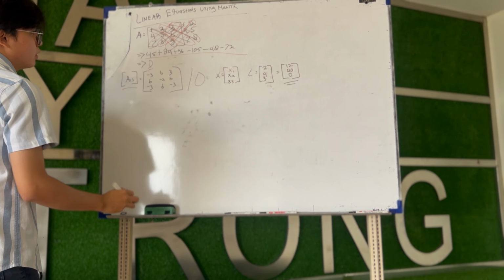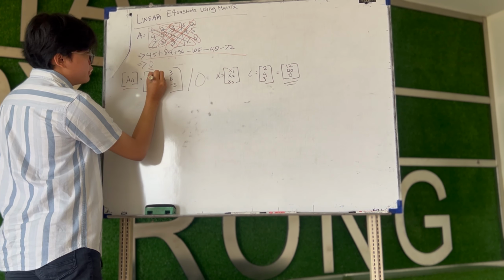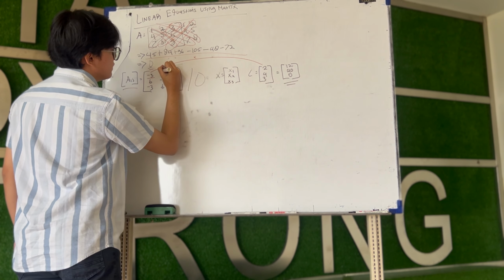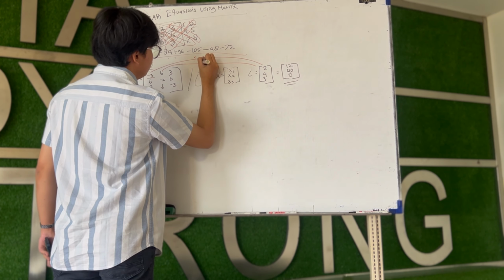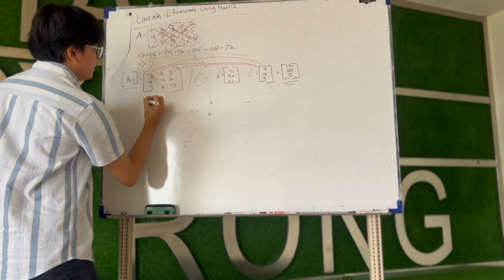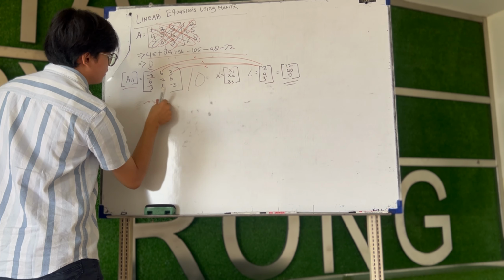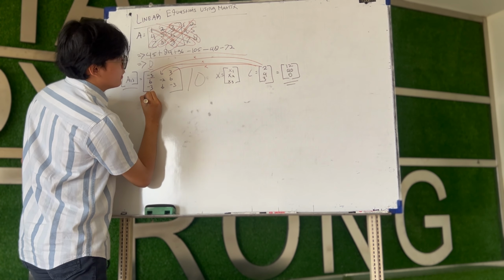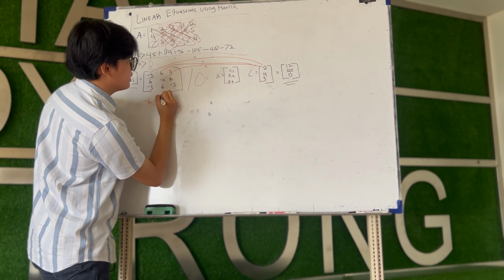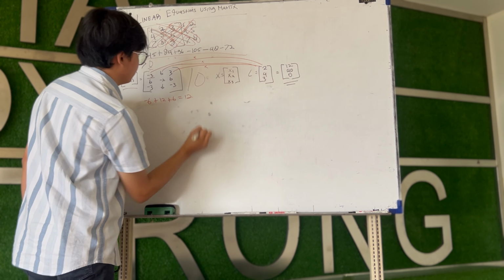So the first step is minus 3 multiply 2, and 6 multiply 2, 3 multiply 2, and minus 3 plus 6. Oh no, sorry, see about minus 6 plus 12 plus 6 is 12.